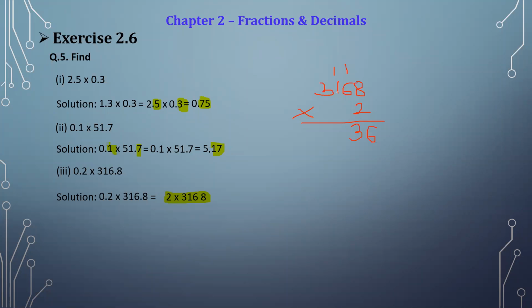Then 2 1s are 2, 2 plus 1 is 3. And 2 3s are 6. So therefore we are getting the final product as 6336.